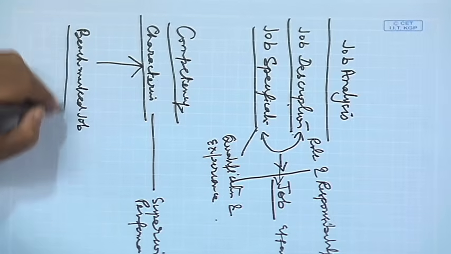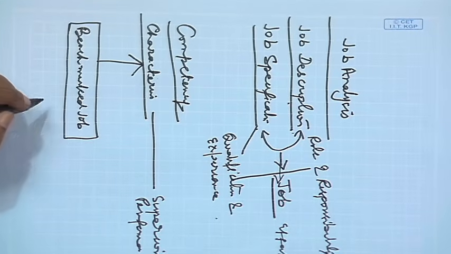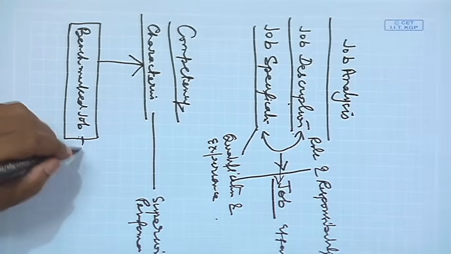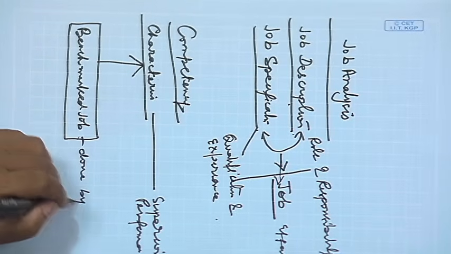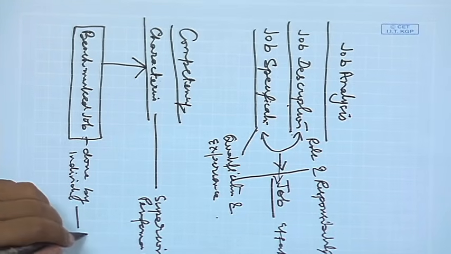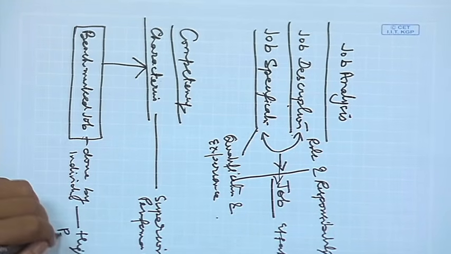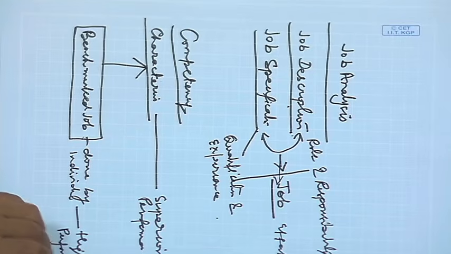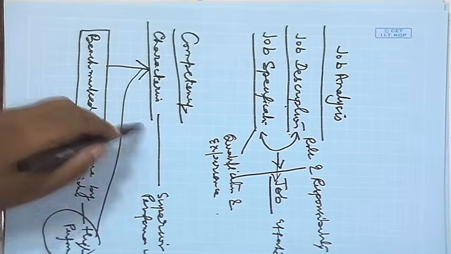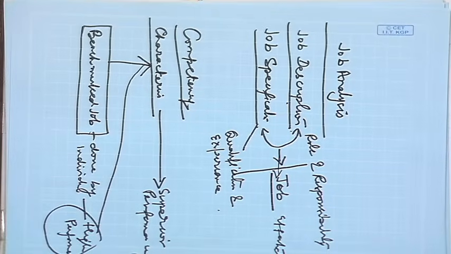Okay. So, you need to identify a job, or an individual, you can say, who is a high performer, right. So, you identify the characteristics of a high performing individual, which lead to higher or superior performance, right.